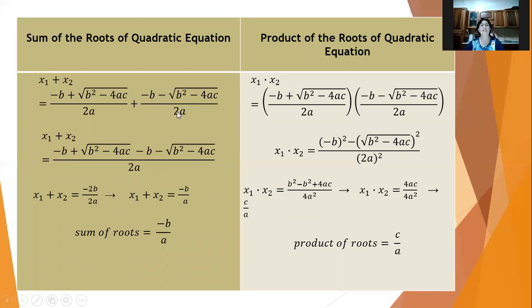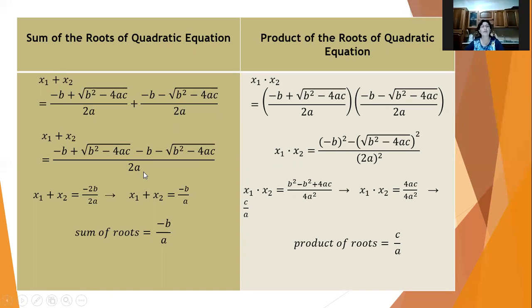And then let us simplify. Again, x sub 1 plus x sub 2 is equal to negative b plus square root of b squared minus 4ac. Positive times negative b is equal to negative b, then positive times negative is negative square root of b squared minus 4ac, over the LCD, which is 2a.